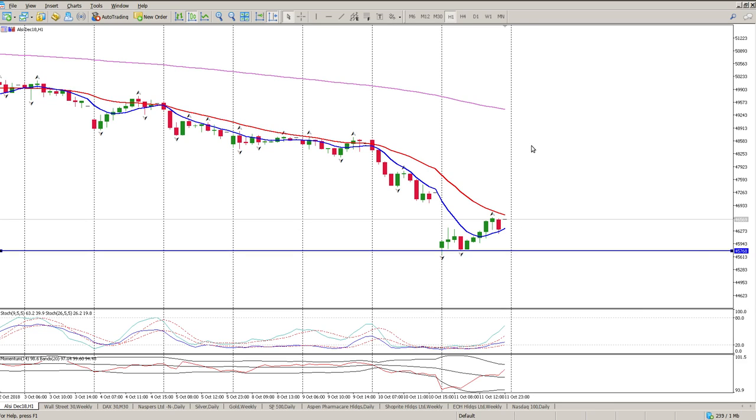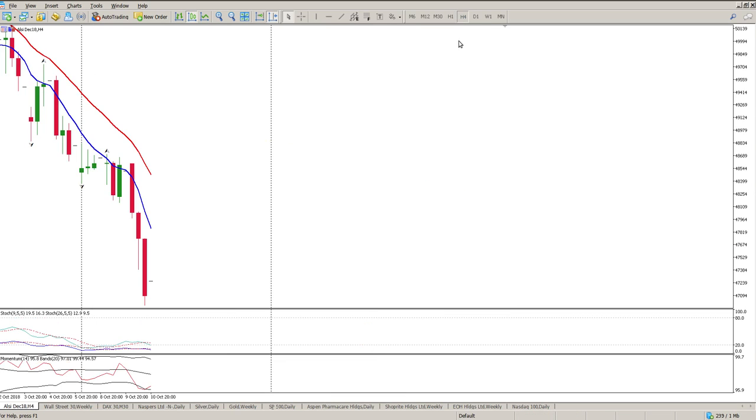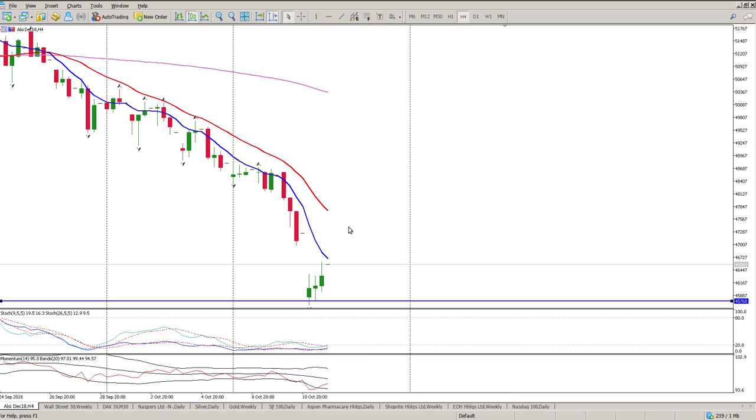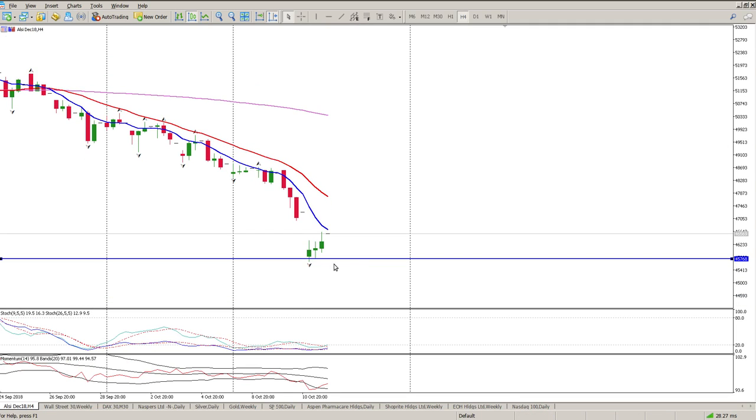So it's very volatile, and it'll be very difficult to get into this if you're not in already. I think I'll just wait and see for the next setup. There's no real setup at this moment for me. The 4 hour is not convincing. It looks more like a bit of a flag to me.